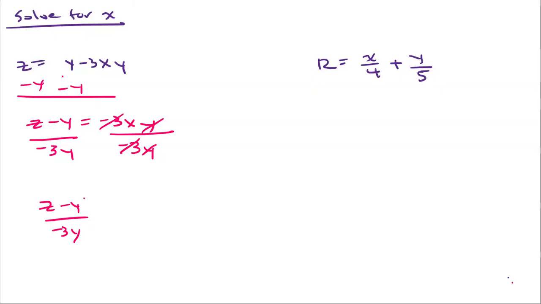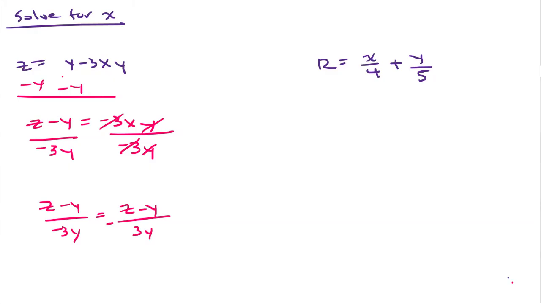Now, don't be tempted to try to cancel these guys out. That's not true. You can only do that if they both have a common factor of y. So this had to have a y as well in order to do it, and since it doesn't, you can't do it. So you can leave your answer this way, or you can write it this way, putting the negative in the front.